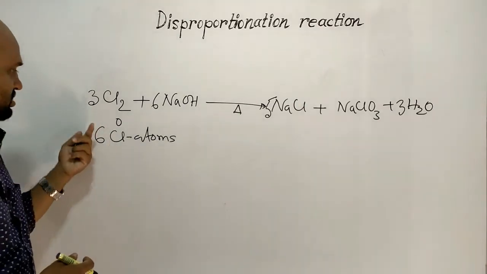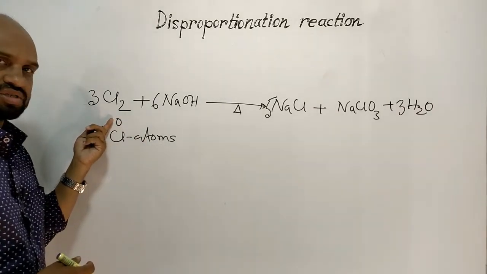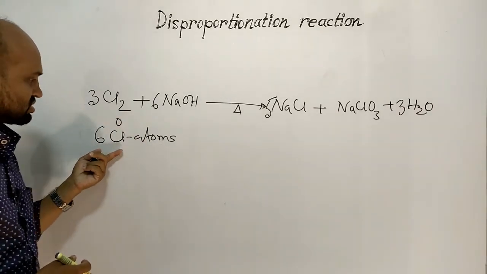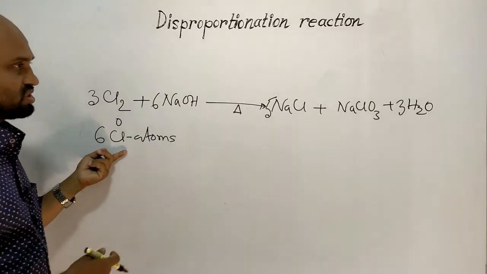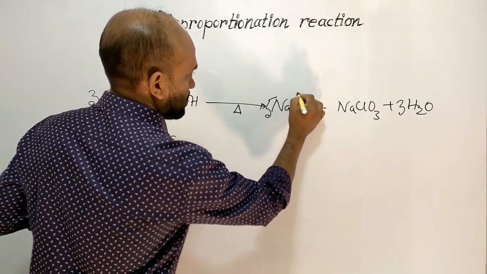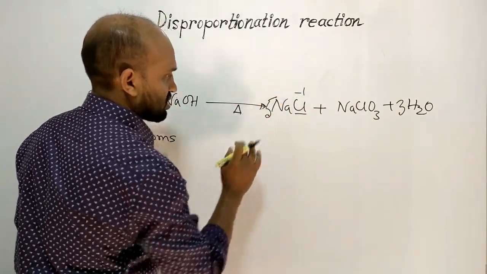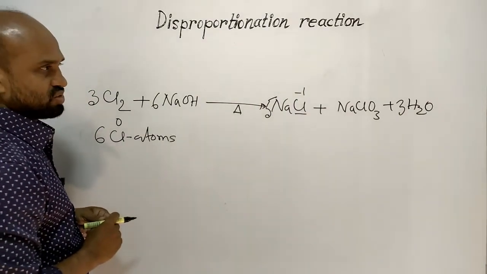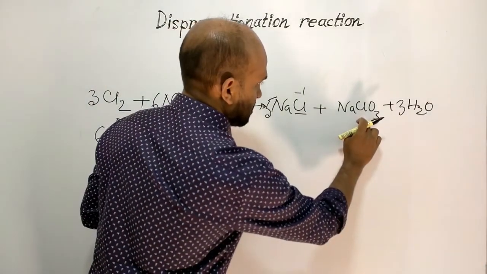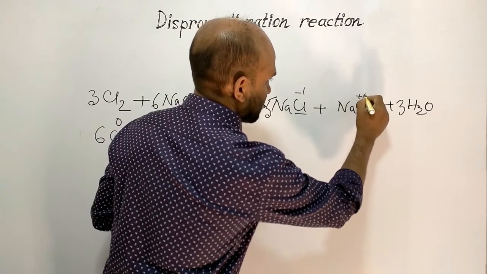In this reaction, 6 chlorine atoms with 0 oxidation state. From these 6 chlorine atoms, here we see the oxidation number of chlorine is minus 1. That means 5 chlorine atoms are reduced, and here oxidation number of chlorine is plus 5.